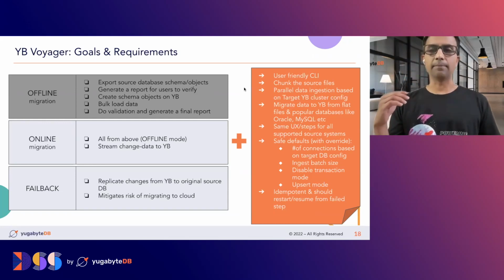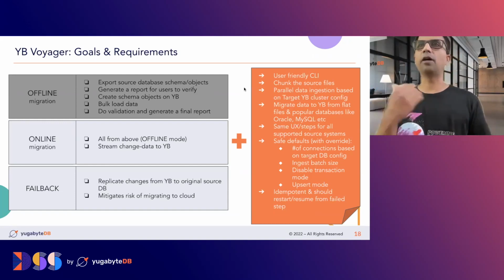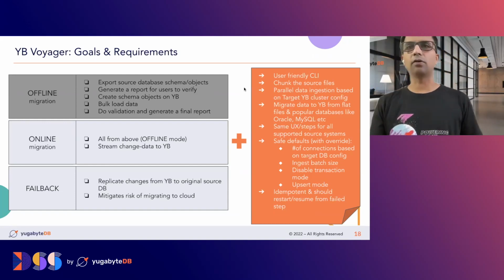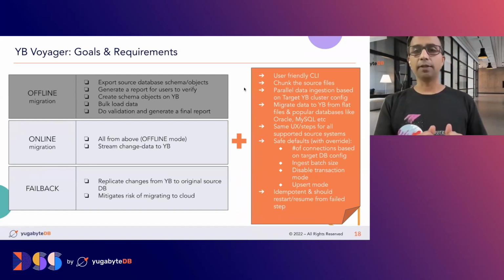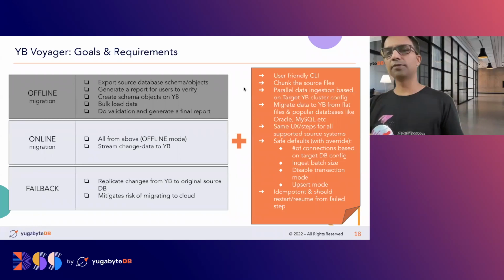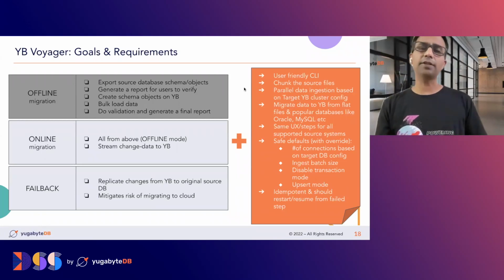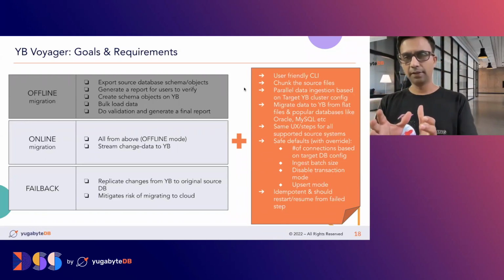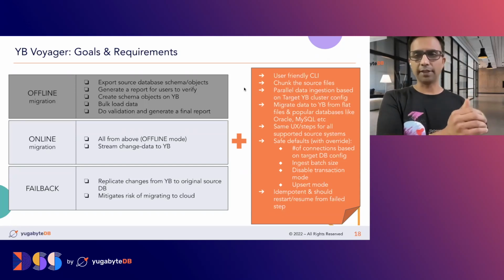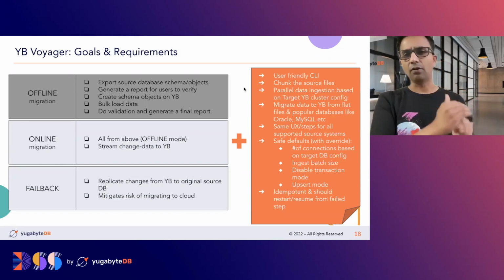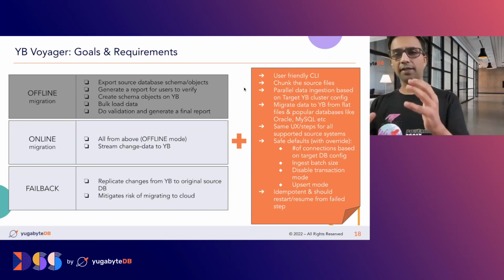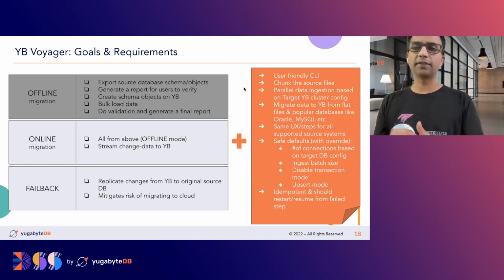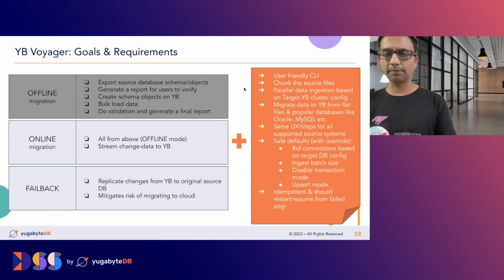And then, to be able to connect with popular databases out there like Oracle, SQL Server, and MySQL, and to be able to do the seamless migration. And most importantly, we wanted to have the same user experience regardless of what the source database is, may it be flat files, Oracle, MySQL. Can the user experience be normalized or standardized in a way that it looks the same with regard to how this product is used for the migration effort?